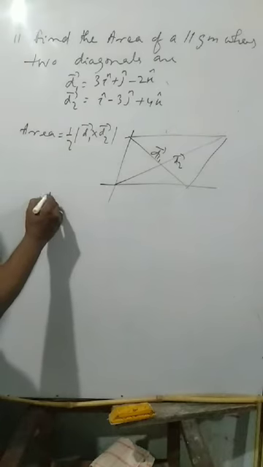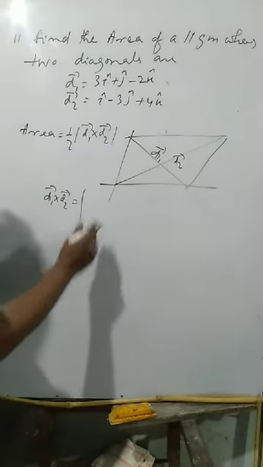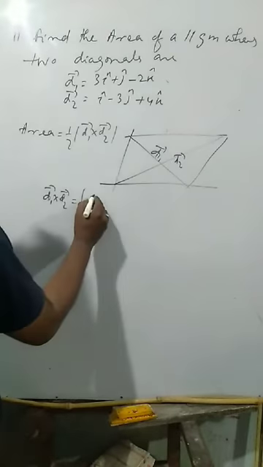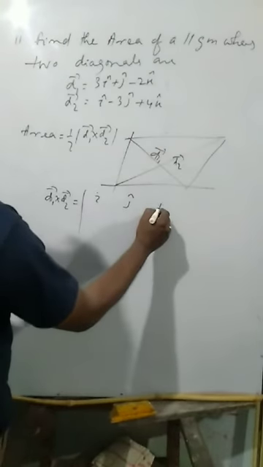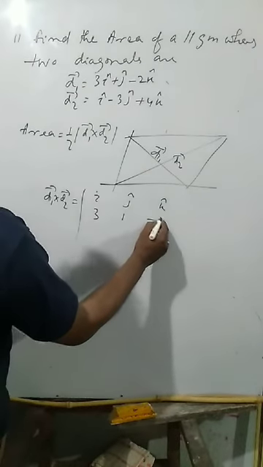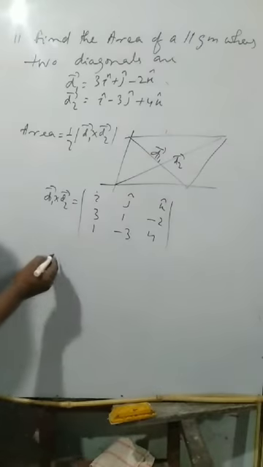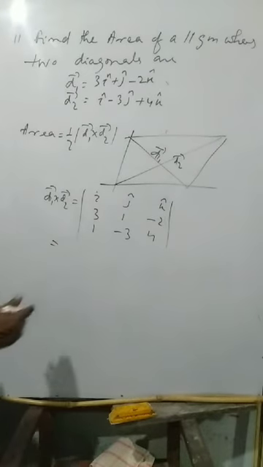So now you find d1 cross d2. d1 cross d2 equal to what? You put I cap, j cap, k cap, and instead of this put 3, 1, minus 2, 1, minus 3, 4 and evaluate that.